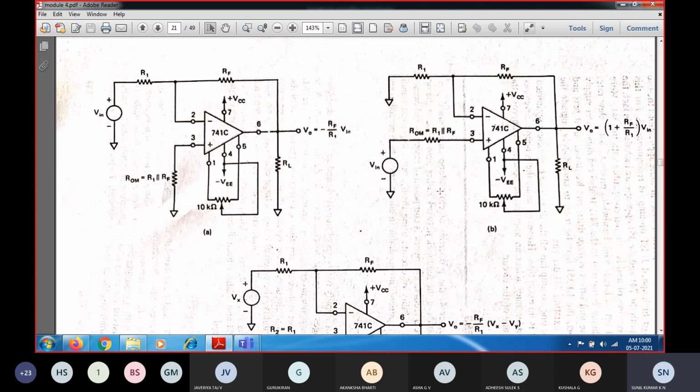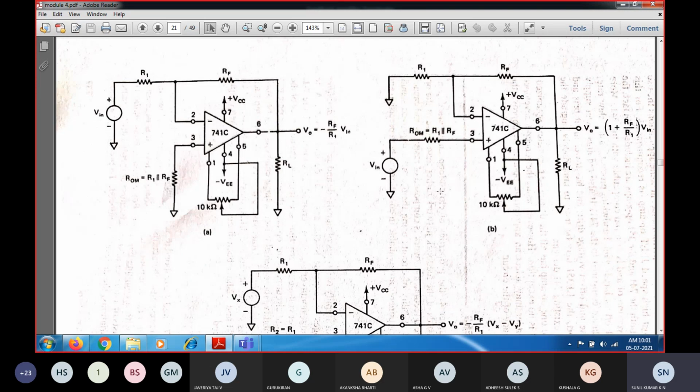It means the output will not be a proper, precision output. That type of output voltage gets developed when there is some mismatch in the operational amplifier.